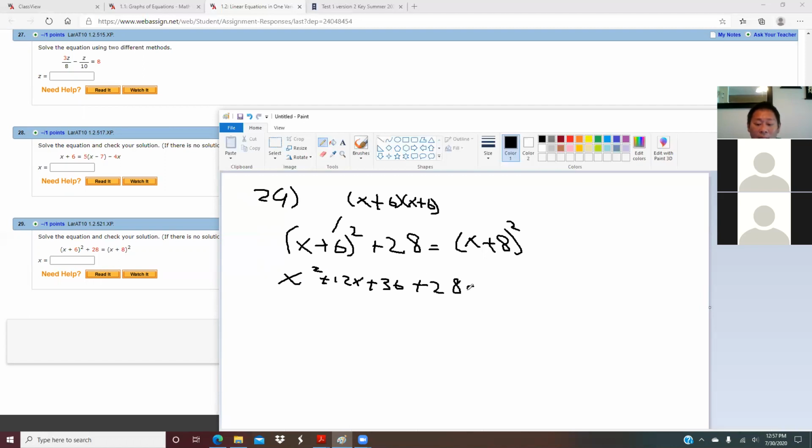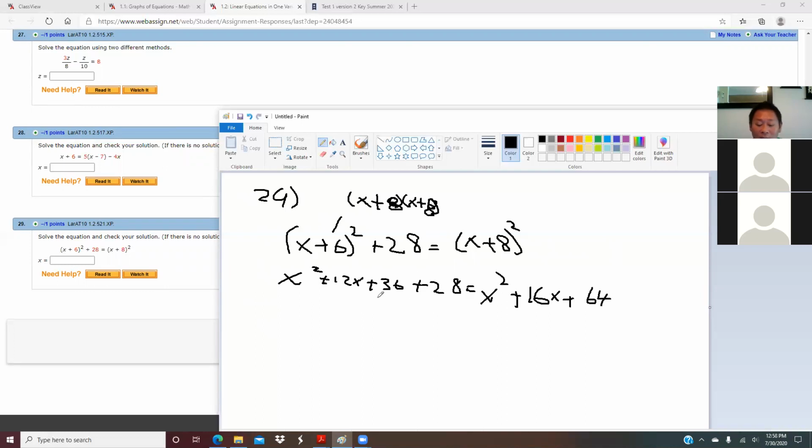And then you do the same thing for this. Now you change the 6 to become 8. So x plus 8 times x plus 8, you get x squared plus 16x plus 64, which you guys did so well in my test. You guys did this before.